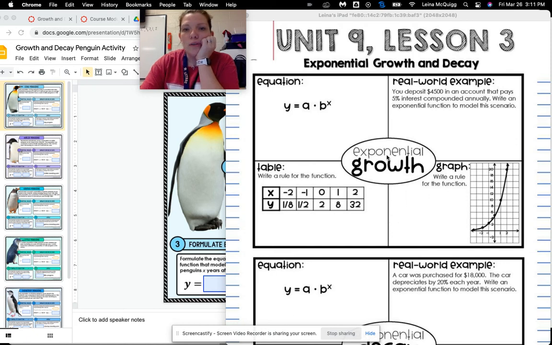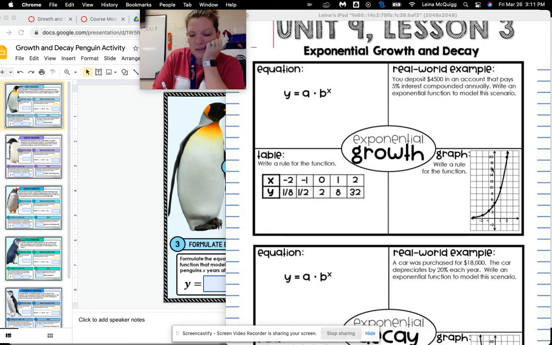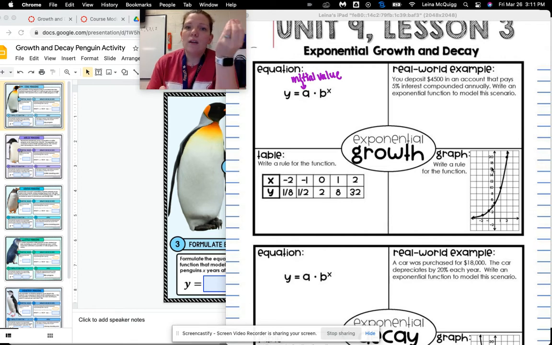So growth, when we're talking about an equation, our A value is our initial value. This is where we start. So how many animals did we start with at the beginning before the population started growing? B is going to be our growth rate.